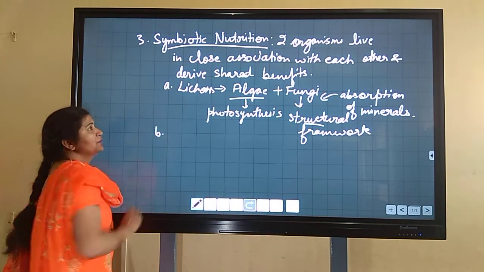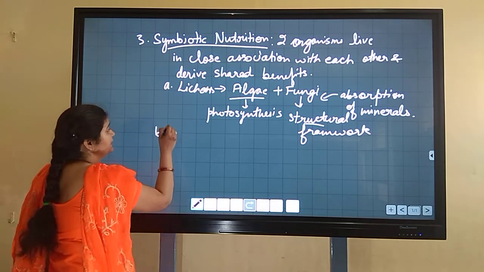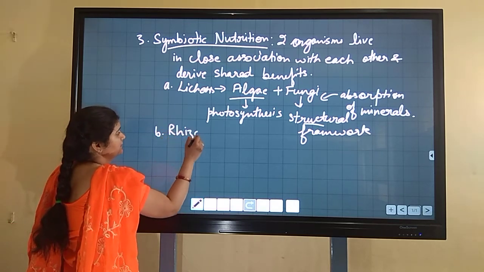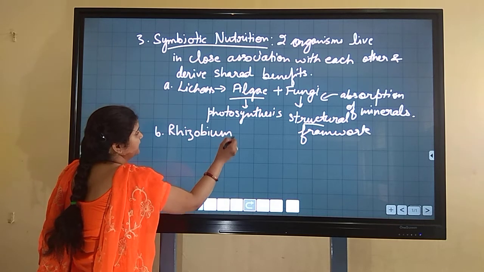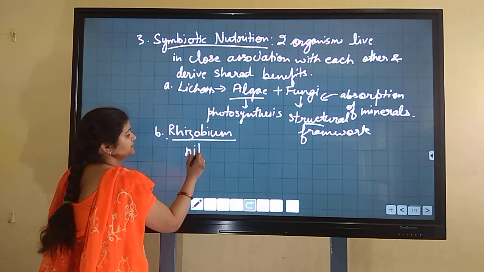Now, another example of symbiotic association is Rhizobium bacteria. It is nitrogen fixing bacteria.